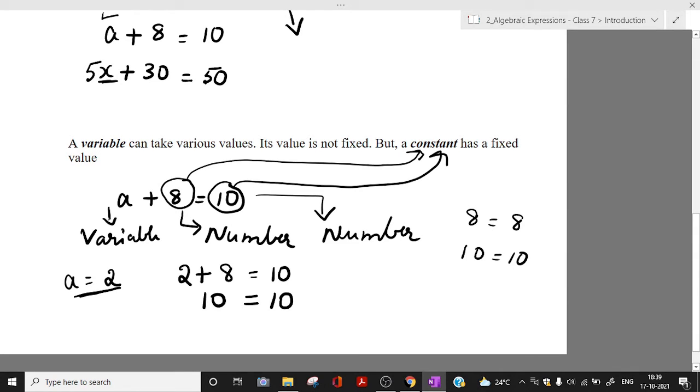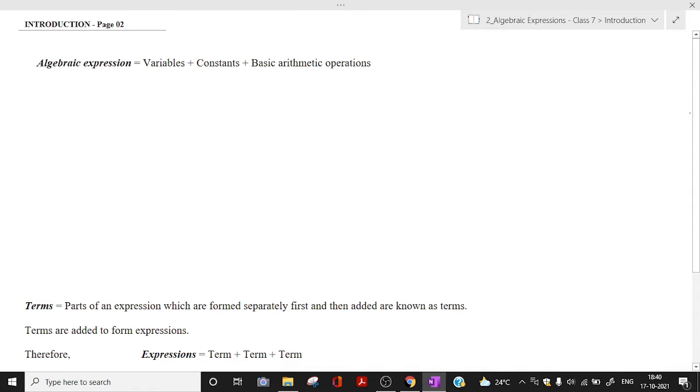Its value is not fixed, but a constant has a fixed value. So a numerical value is a constant, whereas the letters denoted by, let us say, A, B, C, D, anything up to Z, turn out to be variables. And they do not have a fixed value. We assign a value, or we can find the value of a particular variable.